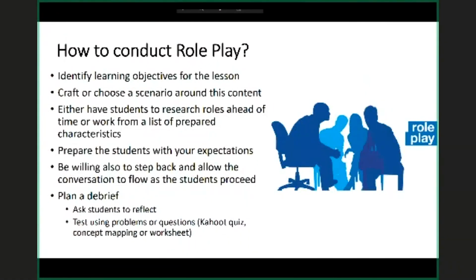Now, just a little bit of a tip on this. If this is the first few times you're doing this in your classroom, you might want to provide them with a prepared characteristic list for the roles, so that they have a model or they have seen something beforehand.